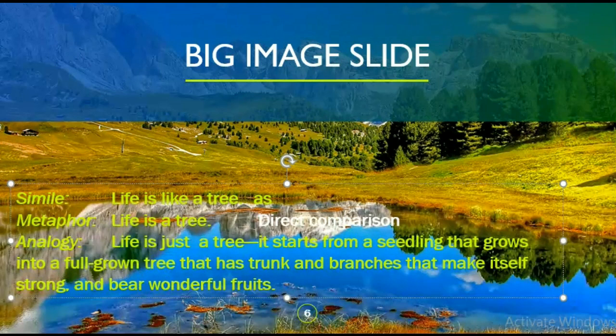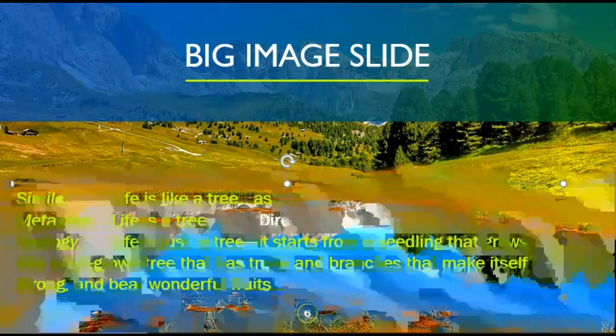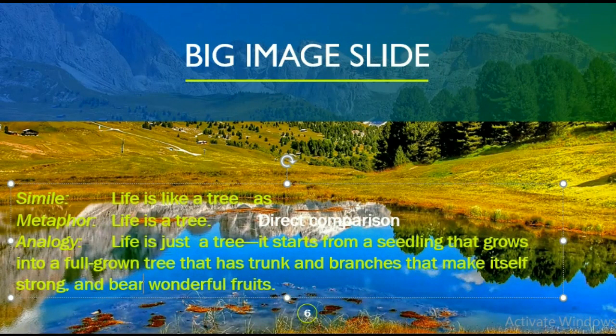Maybe these branches are the many people around us, or even the family and the friends, or even the situations and the experiences that we are having as we grow. And that makes us strong and bear wonderful fruits. So that is the explanation. And it is being divided by a symbol. And that symbol is dash.